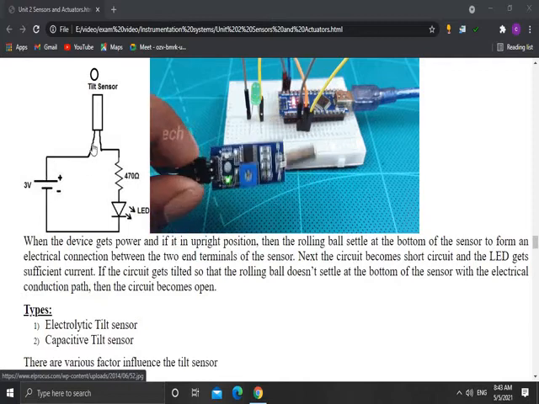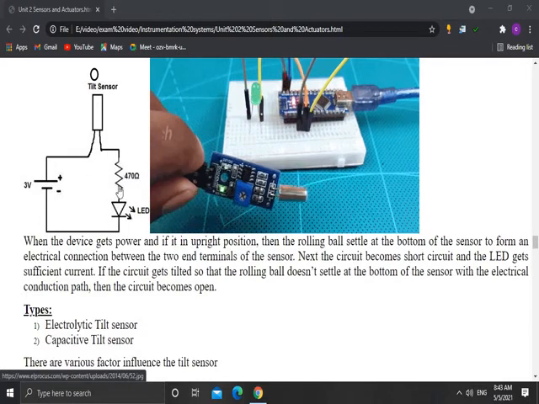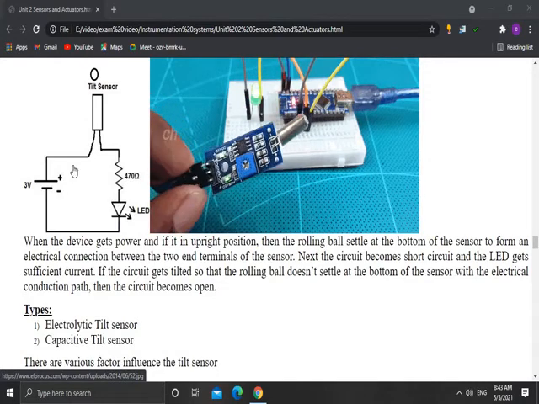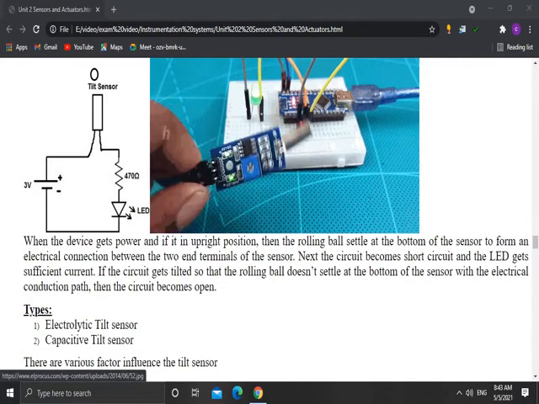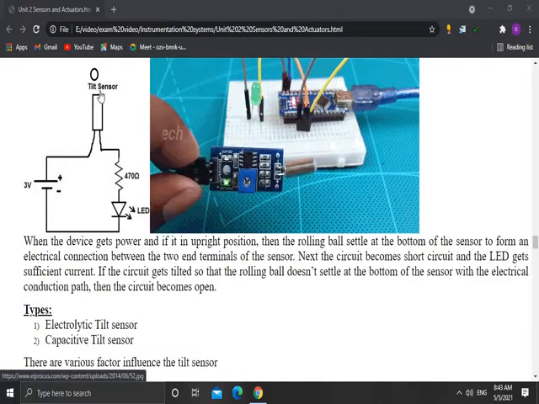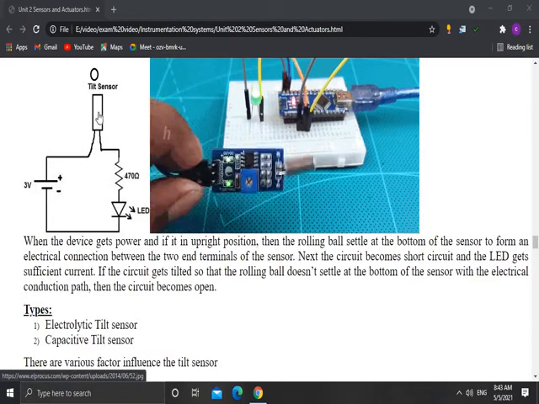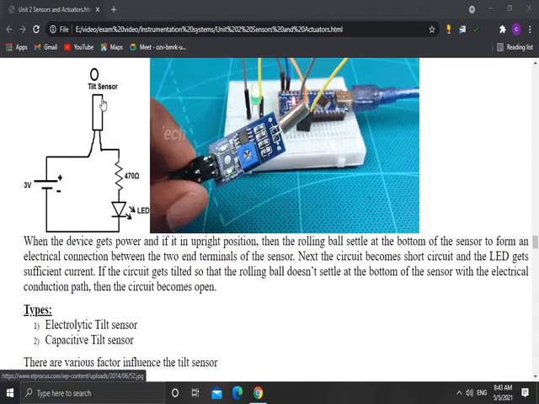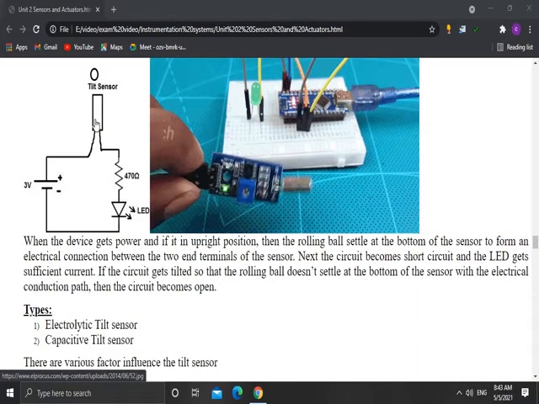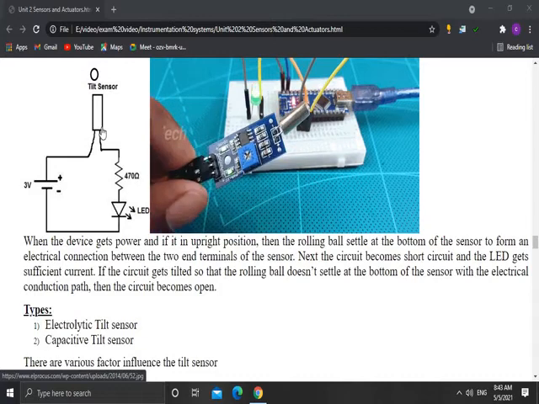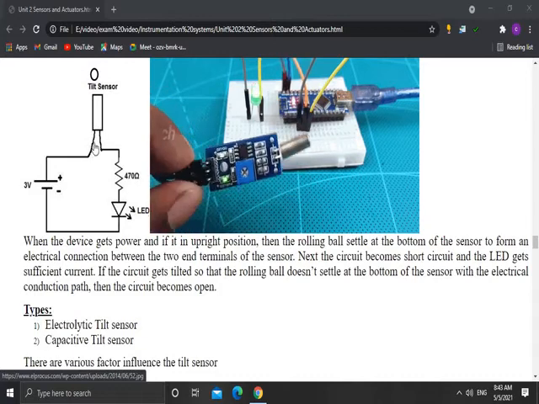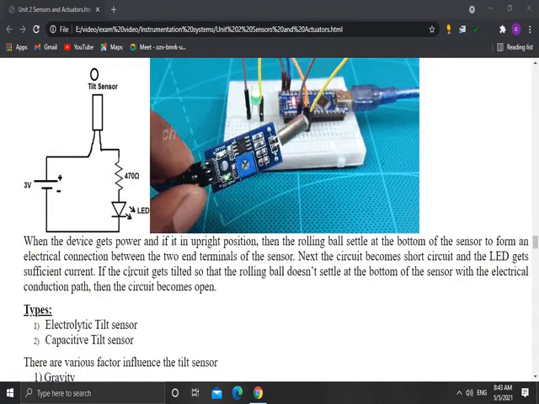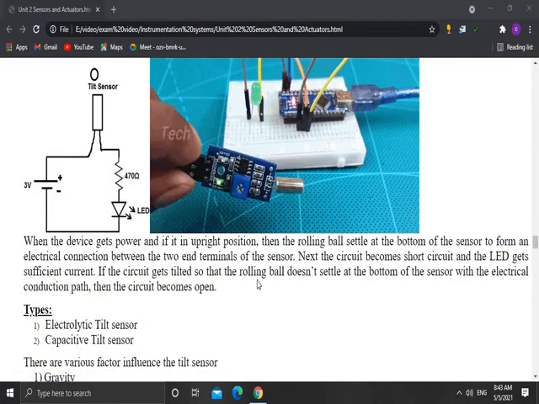So current flows from the tilt sensor to the LED and the LED glows. In a similar way, if we move the tilt sensor in downward direction, then the rolling ball will fall in the upward direction. No path between the conductive plates and no current will flow to the LED. You can read the description also.